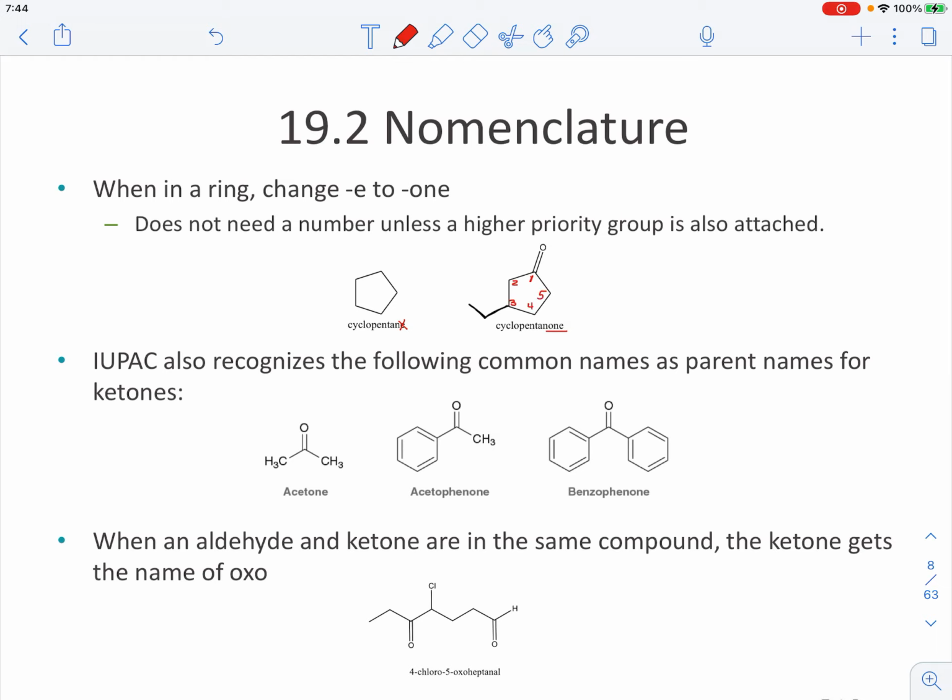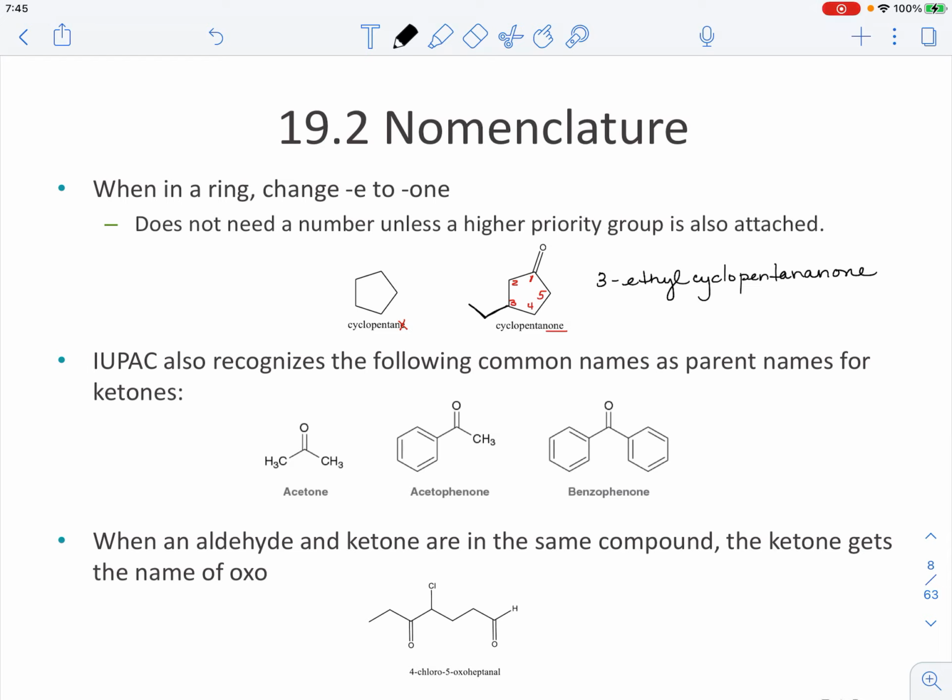And that means that the name with the substituent that I added is going to be 3-ethylcyclopentanone. And understand that only cyclic ketones don't get a number for the C double bond O. For straight chain ketones, we must give a locant to the C double bond O.